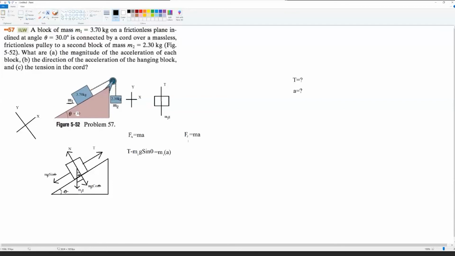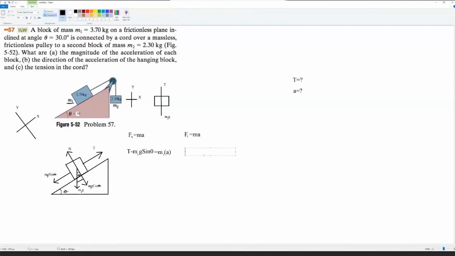So when I go to do this second equation, we're going to get tension minus m sub 2 times g equals m sub 2 times the negative version of the same a, because it's going in the other direction.